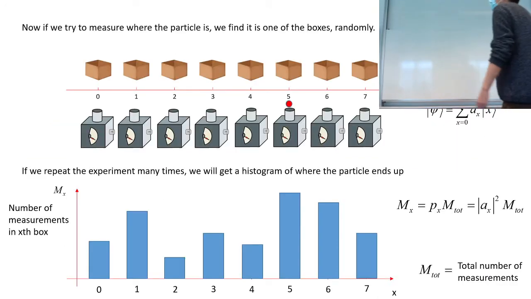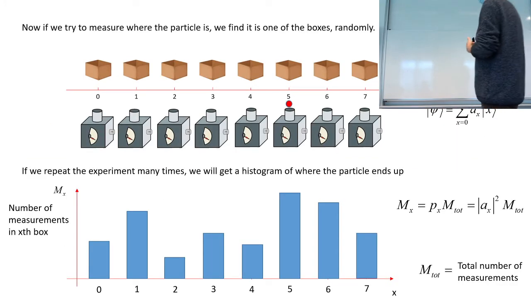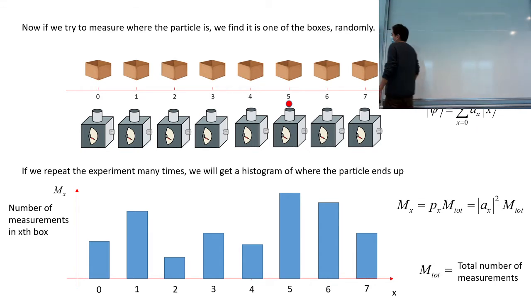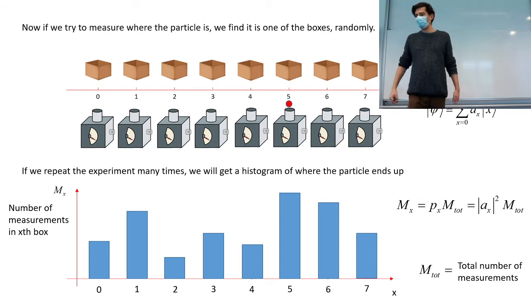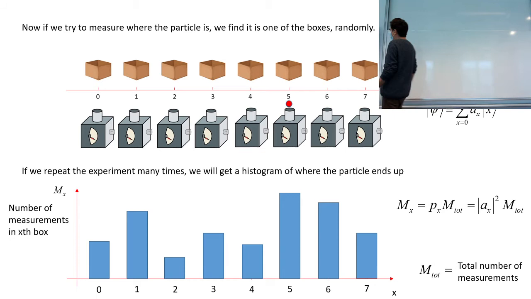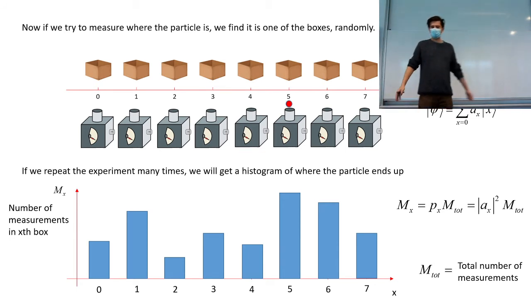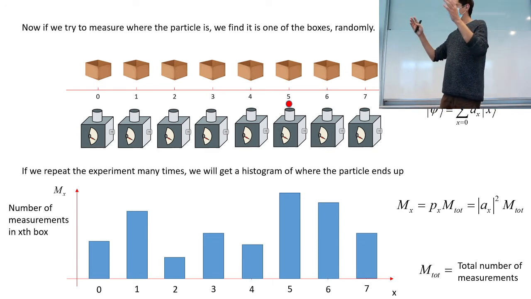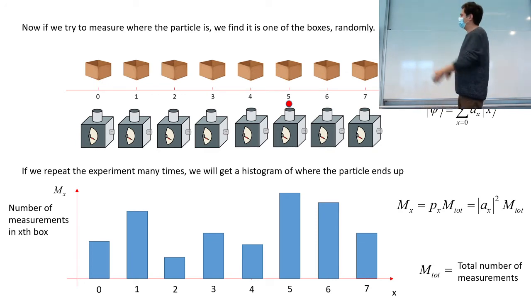Okay. Now, we prepare it in this quantum state, so it's some kind of superposition of being in all these different boxes. And then we get our measurement device, and basically the measurement device goes, okay, I want to know, is it in box 0, 1, 2, 3, 4, 5, 6, or 7?